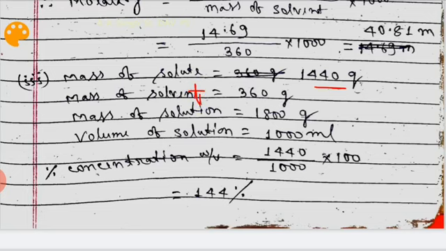Mass of solution is 1800 gram, you have to add both, that you have added initially. Now volume of solution is equal to 1000 ml, that is assumed. Now percentage concentration W by V is equal to mass of H2SO4 by volume of solution into 100, that is equal to 144%.